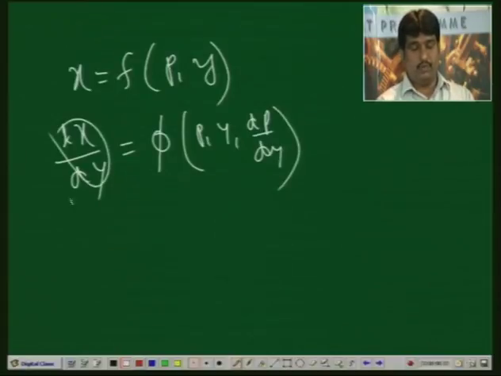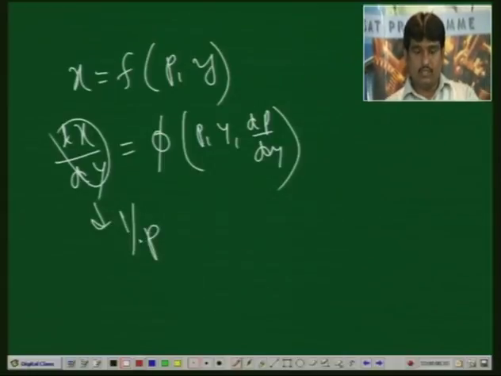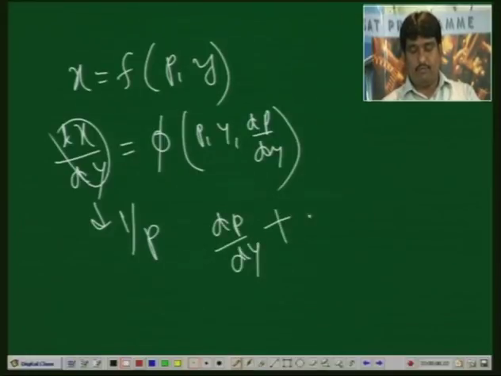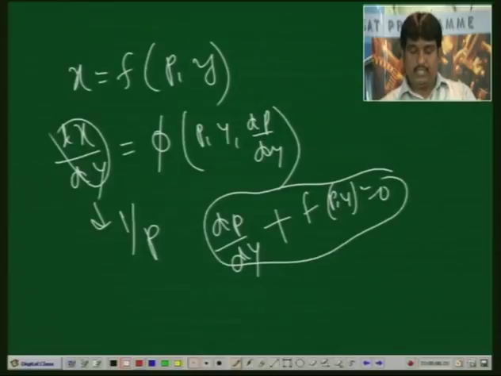You call this dx by dy as 1 by p, because p is dy by dx, and then you simplify this to get solution of some differential equation of this type. You get p in terms of y and c, substitute this value in the given differential equation and eliminate p to get the required general solution.